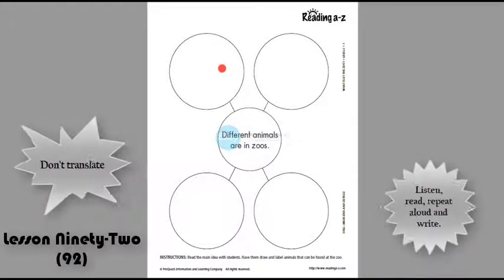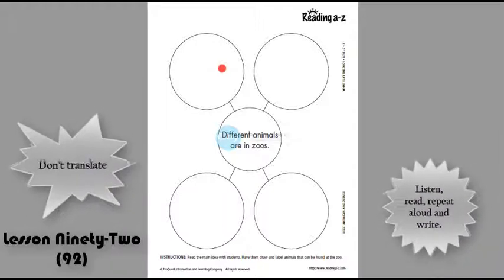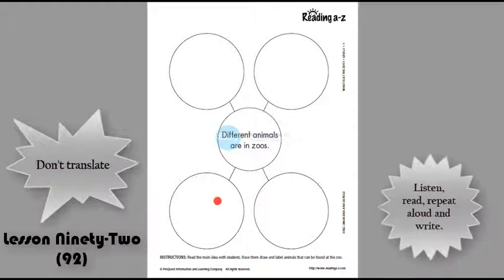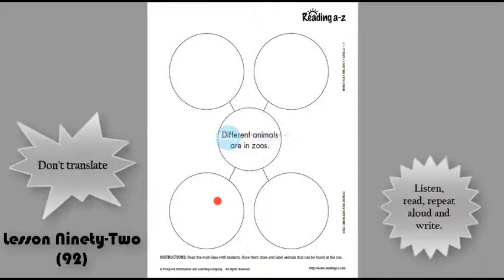There are 2 activities in this lesson, and this is activity 1. In this diagram, you and I are going to either draw pictures or paste pictures of 4 animals that you can see in the zoo.